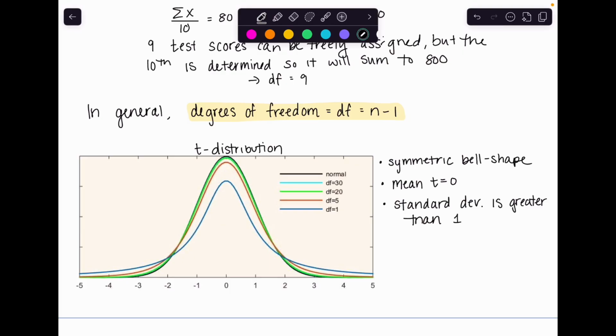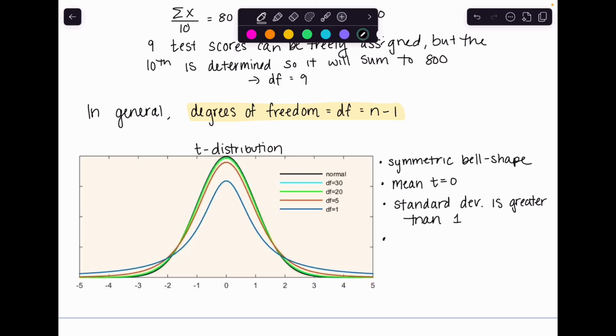And then the last thing to notice, you can kind of see these curves. So here is when the degrees of freedom is 1. When the degrees of freedom is 5, it's this curve here. And then when the degrees of freedom is 20 and 30, you can see it almost mimics that normal curve pretty closely.